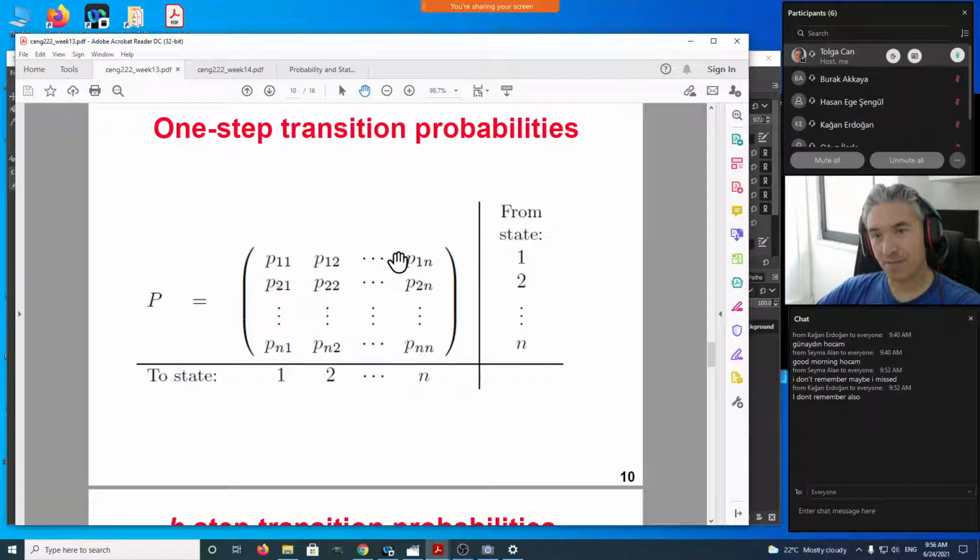What we did, if you remember, from that rainy sunny example, we computed all the probabilities from, for example, first day sunny, then rainy, then sunny. We computed all possible combinations of this to go from a sunny to a rainy day.